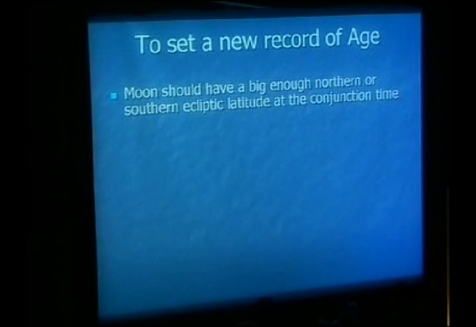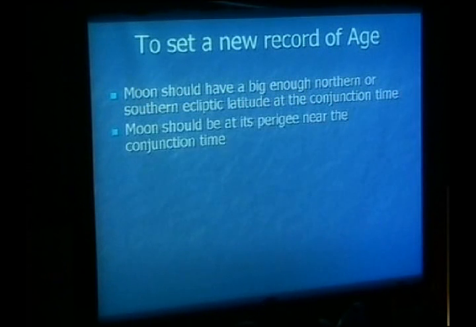Different criteria should be met for a person to be able to set a new record of age. The moon should have a big enough northern or southern ecliptic latitude at the conjunction time. Because if the moon starts from an eclipse, its elongation at the moment of conjunction is 0.